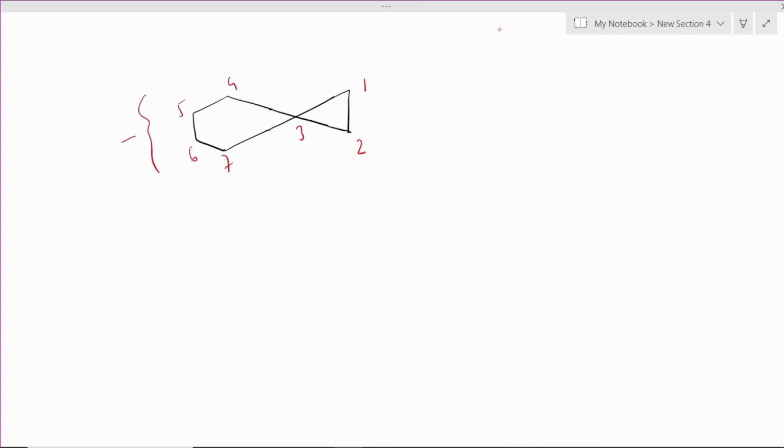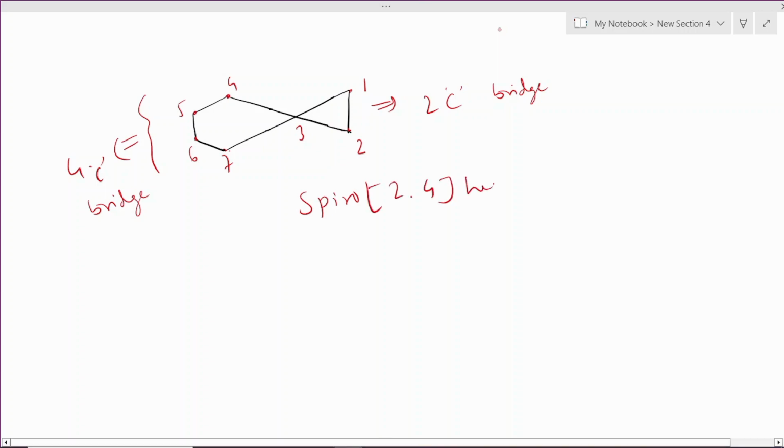So here you can see that this has 1, 2, 3, 4 carbon bridge, and here 2 carbon bridge, and it will be spiro[2.4] heptane. Remember, this will be arranged in ascending order for spiro compounds.